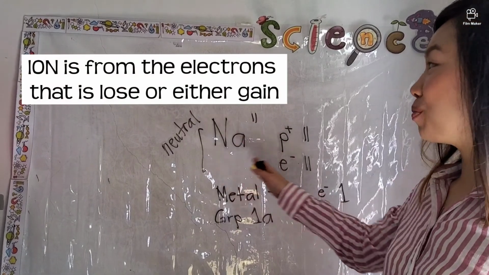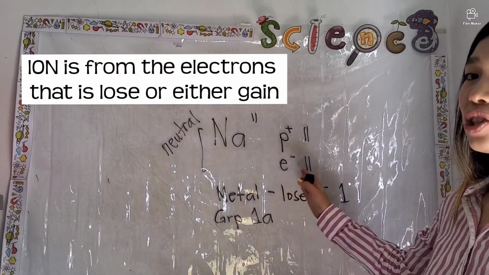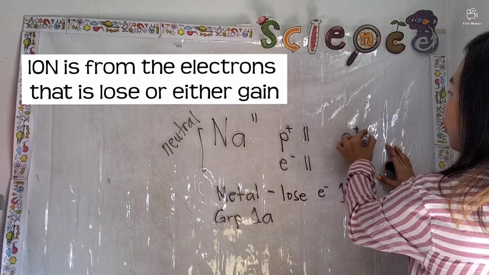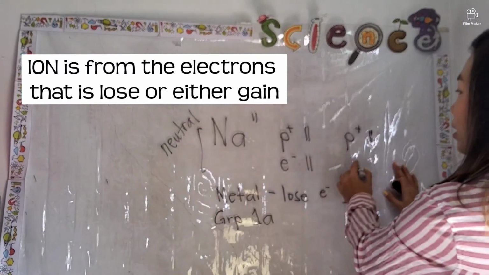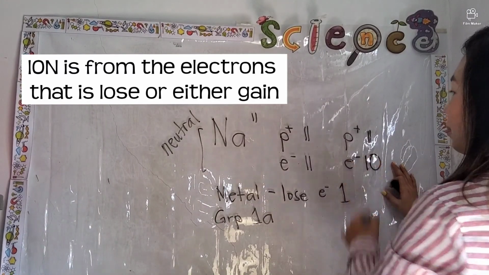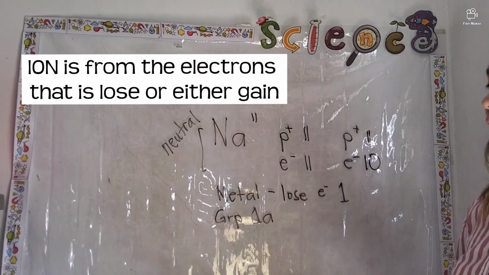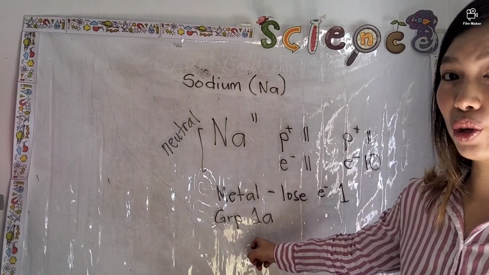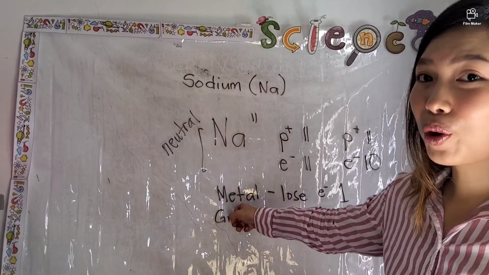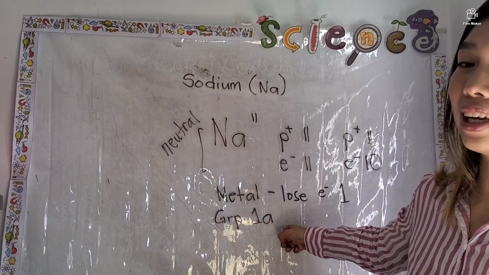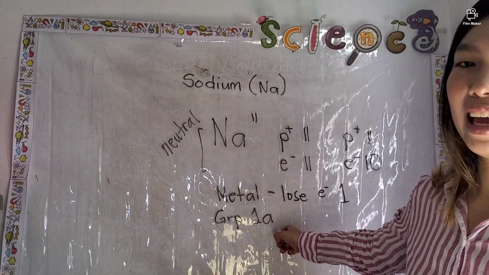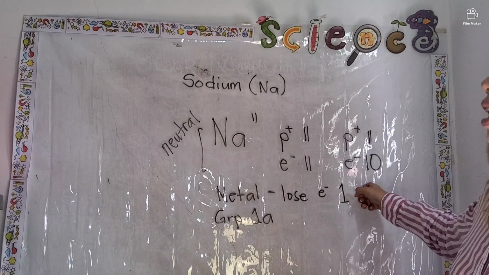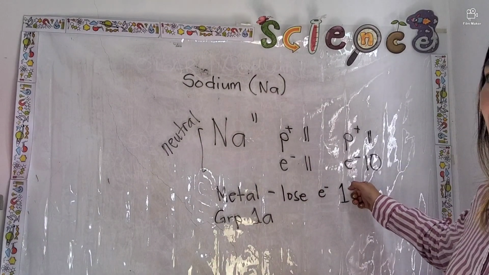So, from sodium natin na neutral, kapag nilagyan natin siya ng ion, now ang proton niya is magiging 11 pa rin, and electron will now become 10. Bakit 10? Kasi nag-lose siya ng isang electron since siya ay nasa group 1A, metals always lose or nagre-remove ng kanilang electrons. That's why, pag nalagyan na natin siya ng ions, nagkaroon siya ng 10 electrons.